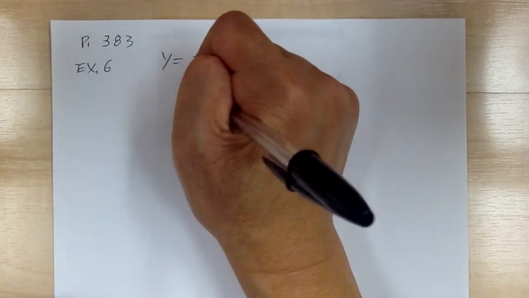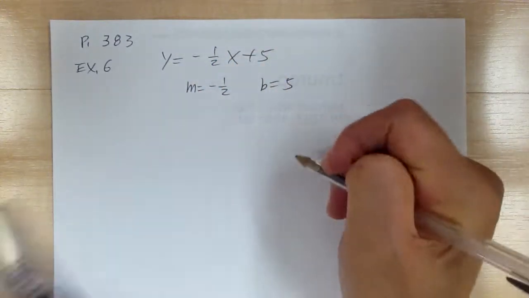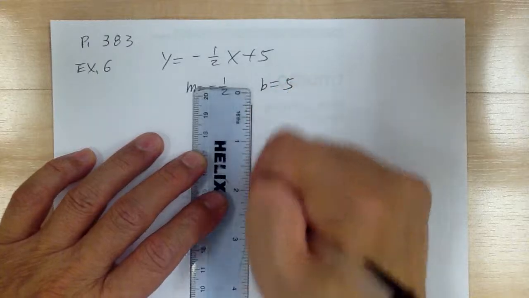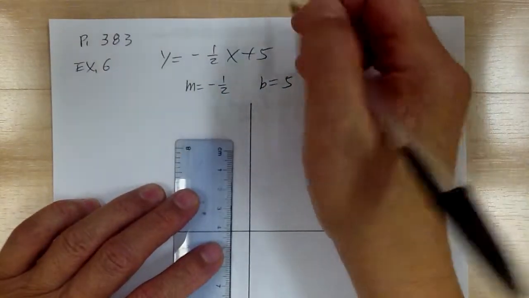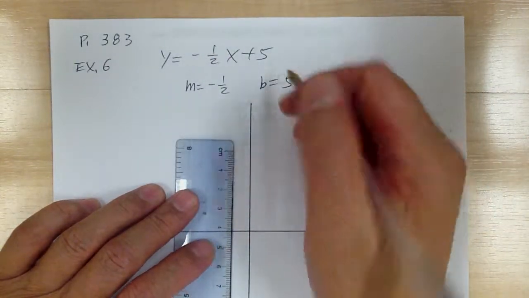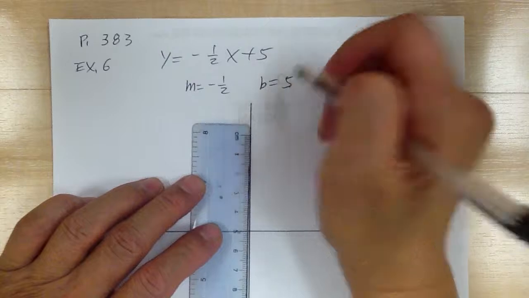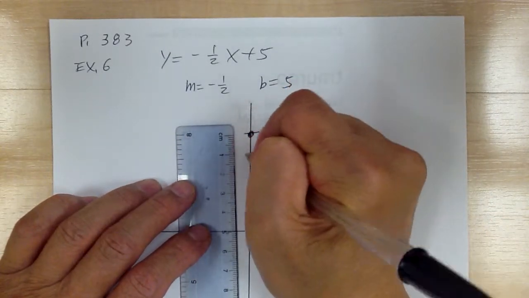So again, over here you got slope equal to negative 1/2 and intercept equal to 5. So this is your y-intercept. Y-intercept means where the line crosses the y-axis. So when b equal to 5, so you go 1, 2, 3, 4, 5. So that's a dot right over here.